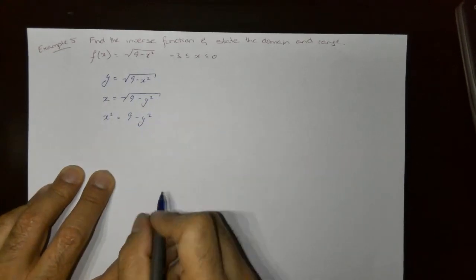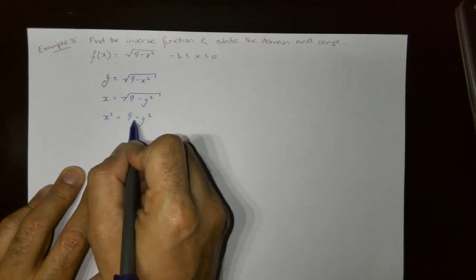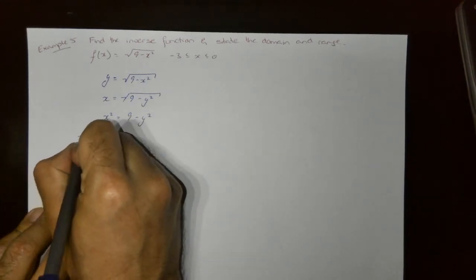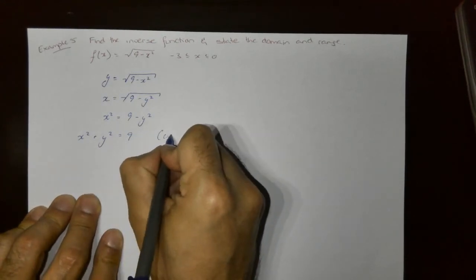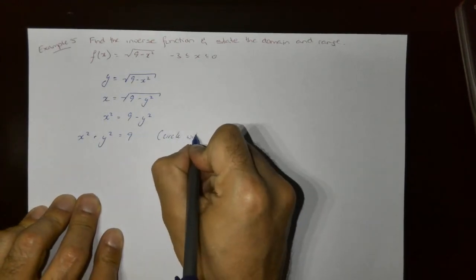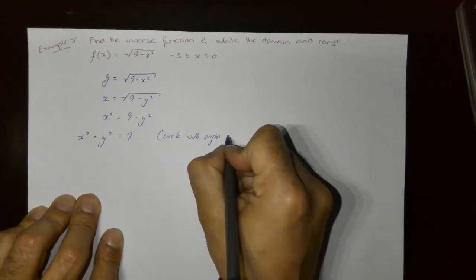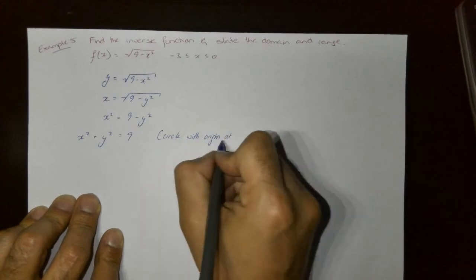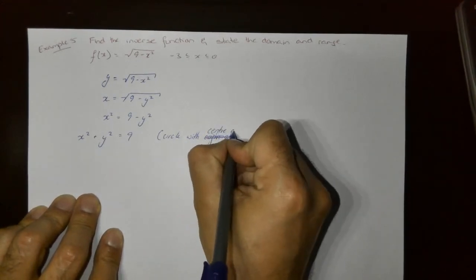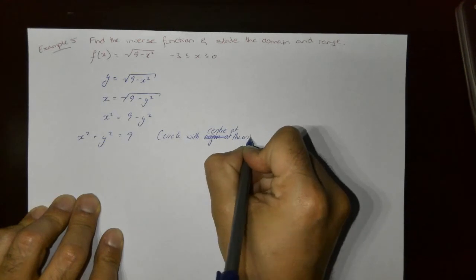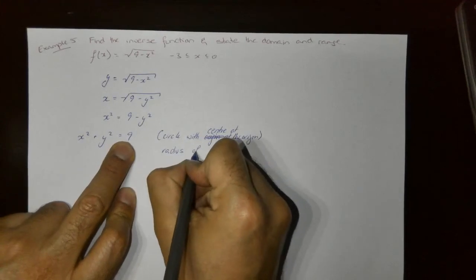I can make y the subject, but I'm noticing that if I bring this y over here, I get this equation, which is a circle with its center at the origin, and the radius of 3.